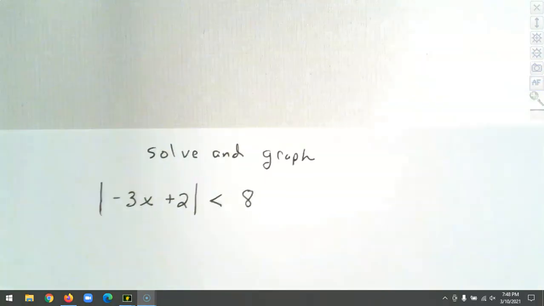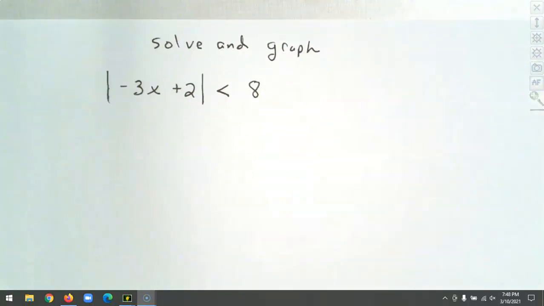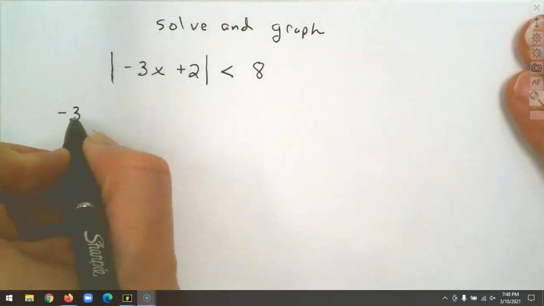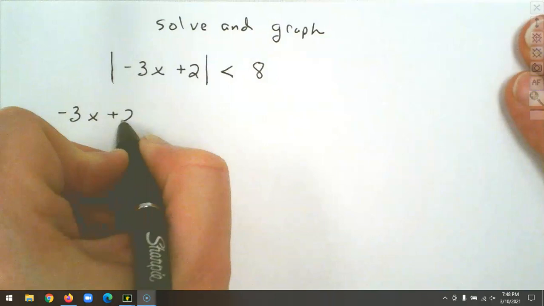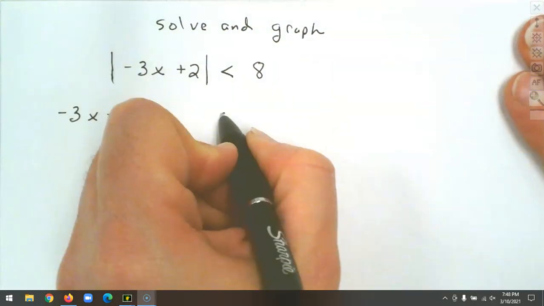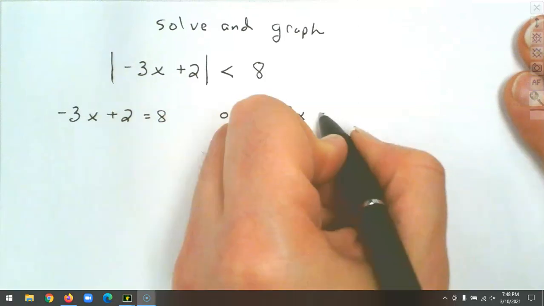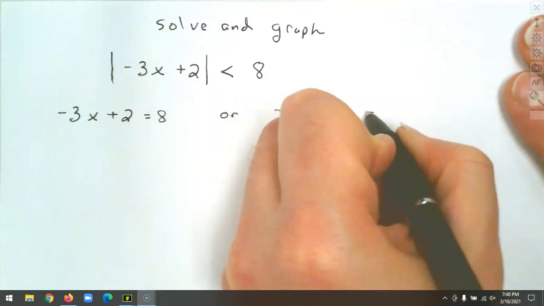Now, we don't have to move anything over because the absolute value is already alone on the left. We get our two equations, which would be negative 3x plus 2 equals 8, or negative 3x plus 2 equals negative 8.